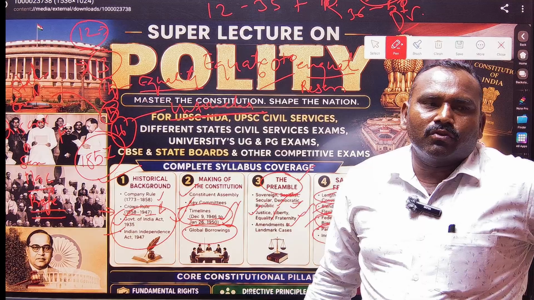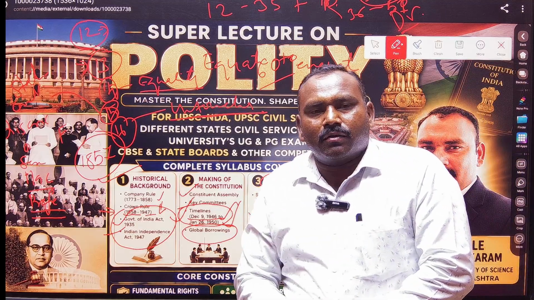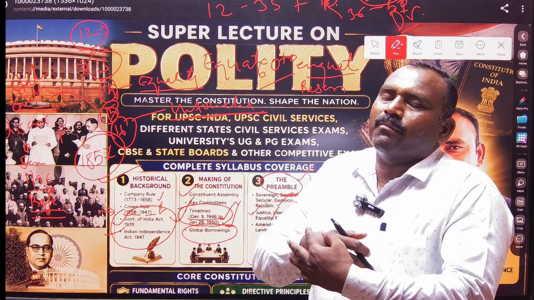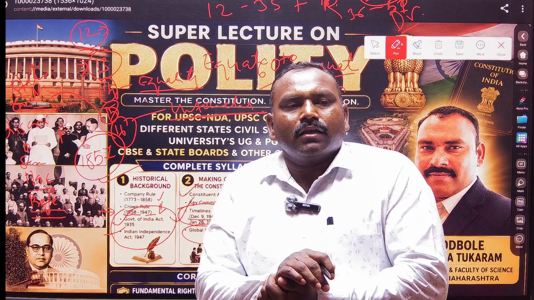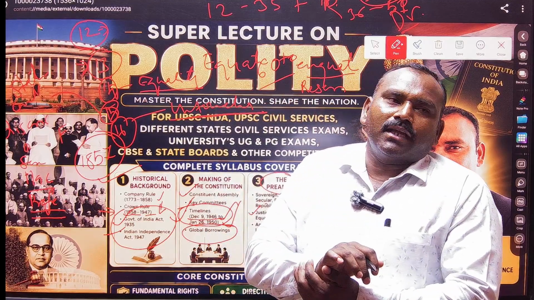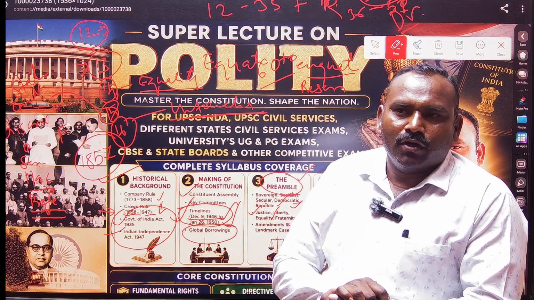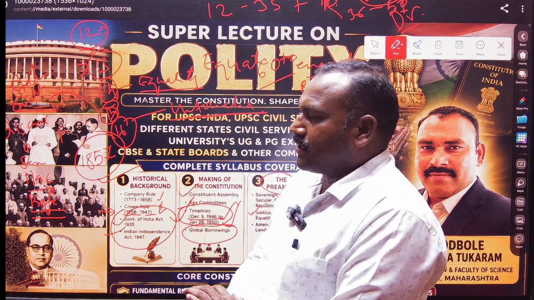If the state or any organization discriminates on the basis of any reason, then any individual may approach the Supreme Court, the High Court, or the concerned court. But in the case of DPSP, the Directive Principles of State Policy, we cannot approach the court. Thank you. The remaining portion we will discuss in the next lecture.